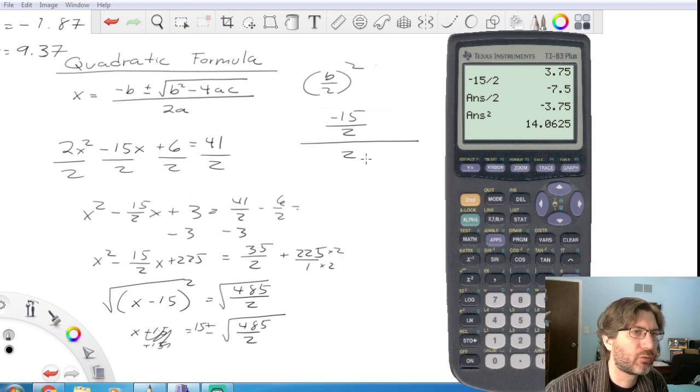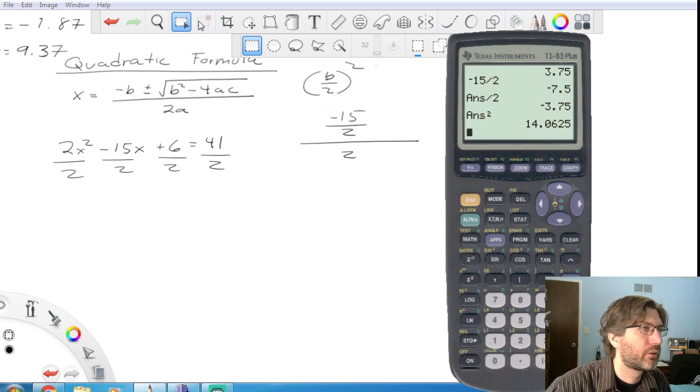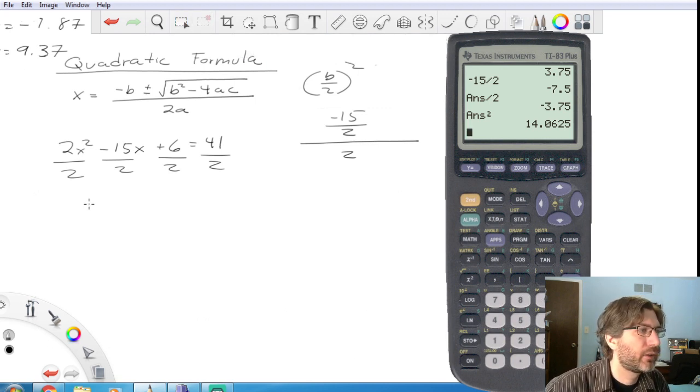So I should be adding 14.0625 to both sides, which is going to change a lot of things. So let's just go back to that step. And we get, oh, let's see, we divided everything by 2.